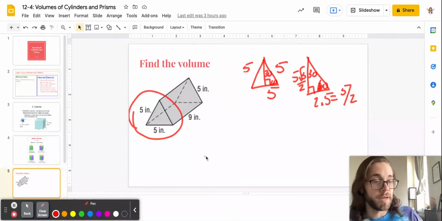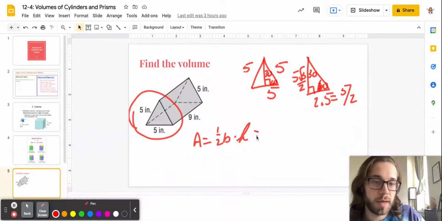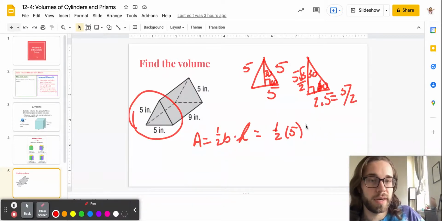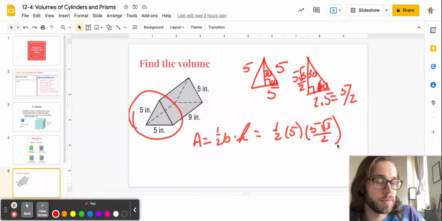Now we have to find the area of the triangle. The area is equal to 1/2 base times height. The base is 5. The height is 5 root 3 over 2.